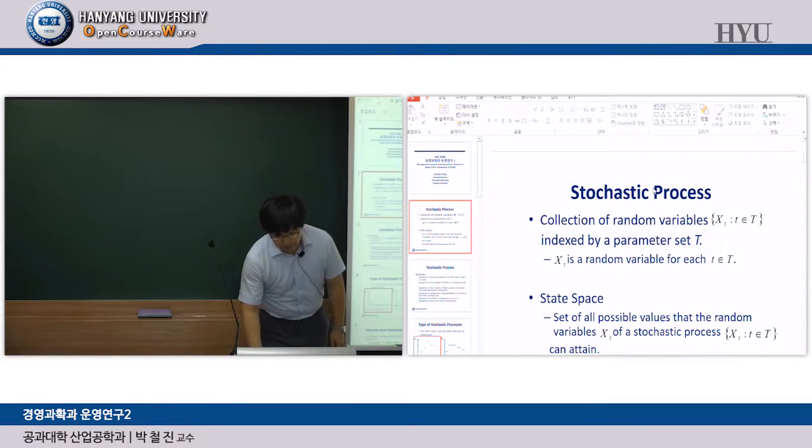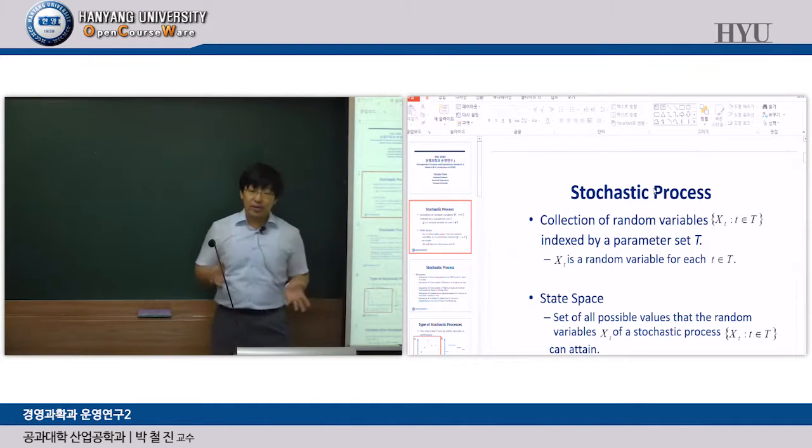Actually, a stochastic process is a collection of random variables indexed by a time parameter t. And a very important ingredient when we define a stochastic process is the state space.